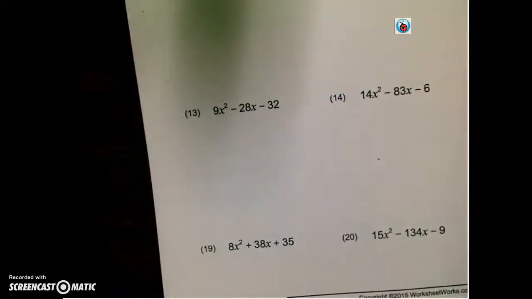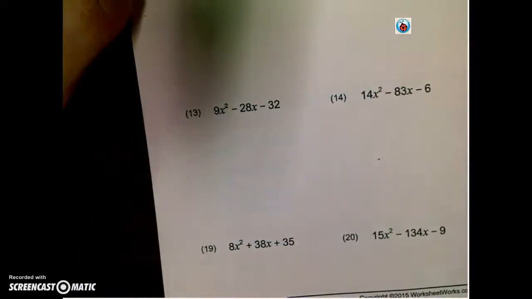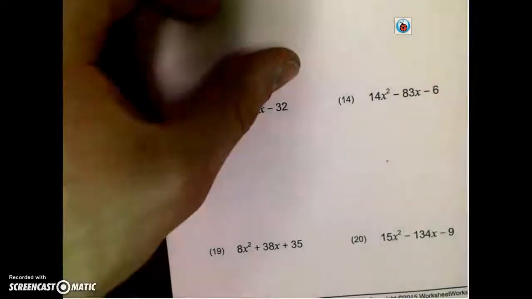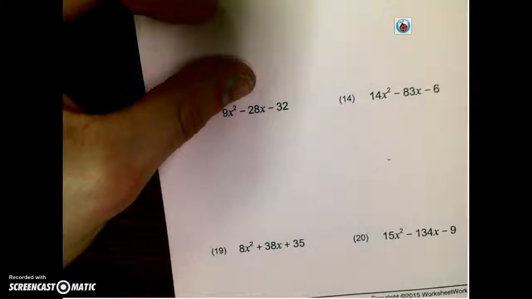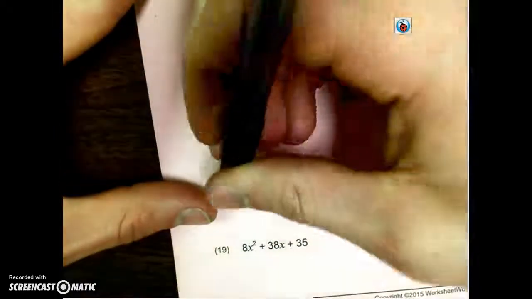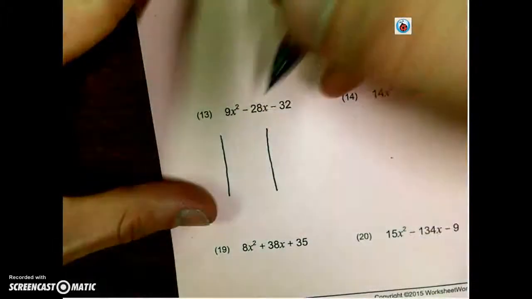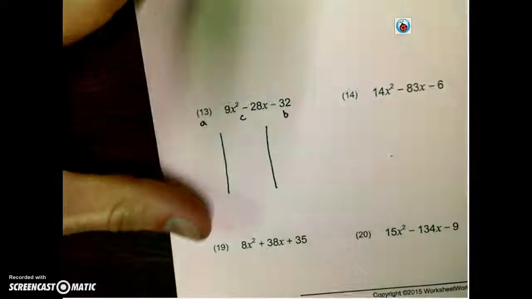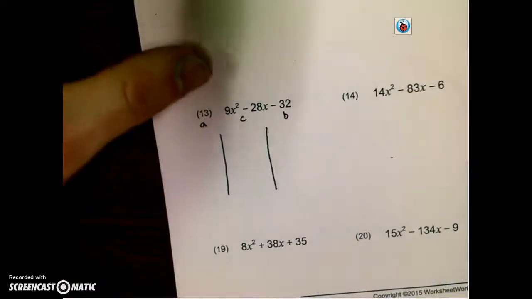Helping us stay organized. So we know we're trying to find factors of C, and that they add to the B term, to start to help track all of it. We've been calling this an ACB chart because it takes our different numbers.